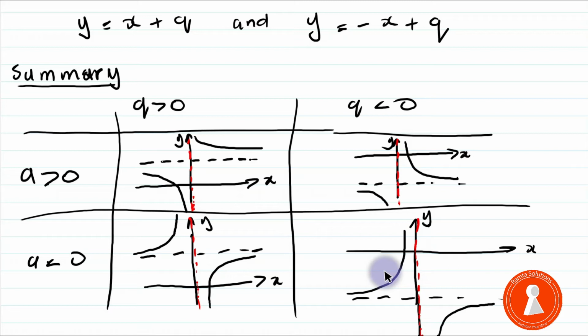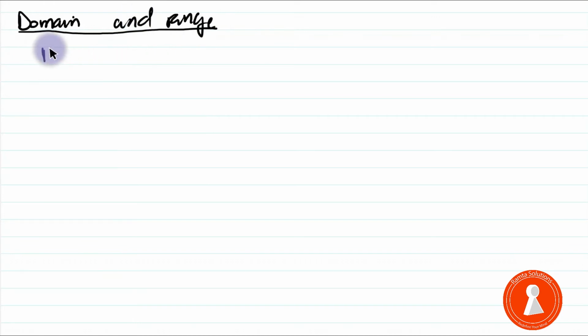Now, what's left for us is, before we proceed, we need to look at domain and range. Very important aspect. Now, if you remember well, domain is the set of input values which looks at x values.